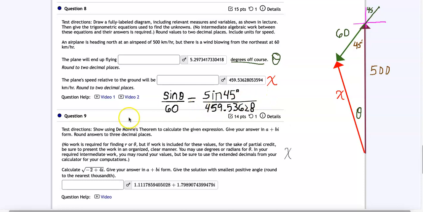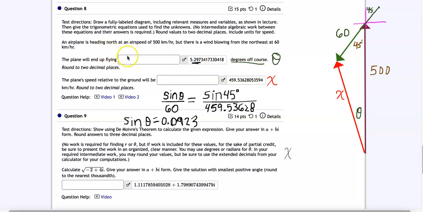And as an optional intermediate step, now we get sine of theta is equal to 0.0923. It actually goes on a little longer here. Now we use the sine inverse. Then we end up with the correct answer of 5.30 degrees off course. Notice you do want to round correctly to 2 decimal places.